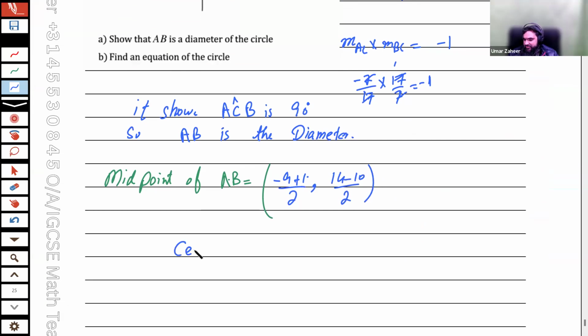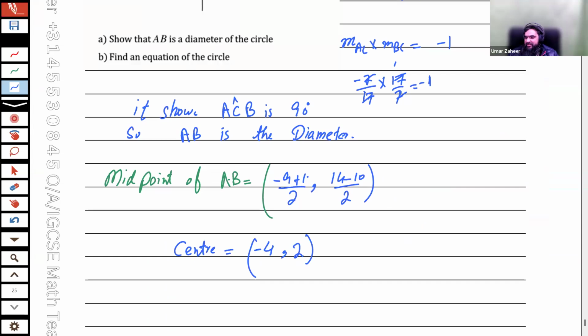And that is basically your center. So it will be minus 8 over 2, that will be minus 4, and 4 over 2, it will be 2. So the center will be minus 4 comma 2.